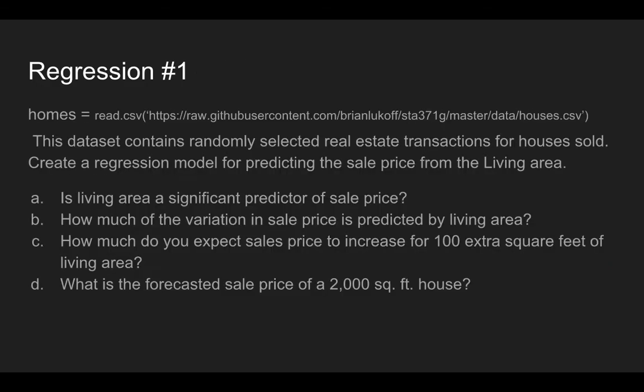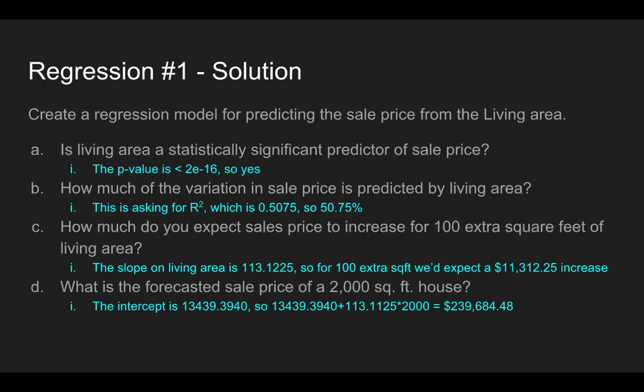And the fourth question is, what is the forecasted sales price of a 2,000 square foot house? So the living area X equals 2,000. Substituting that directly into the formula, you get $239,684. That would be your sales price.